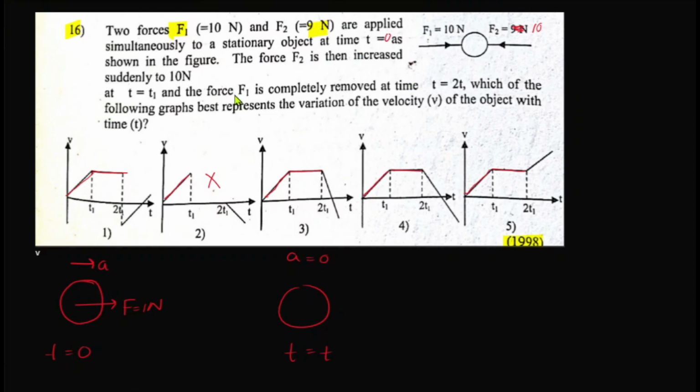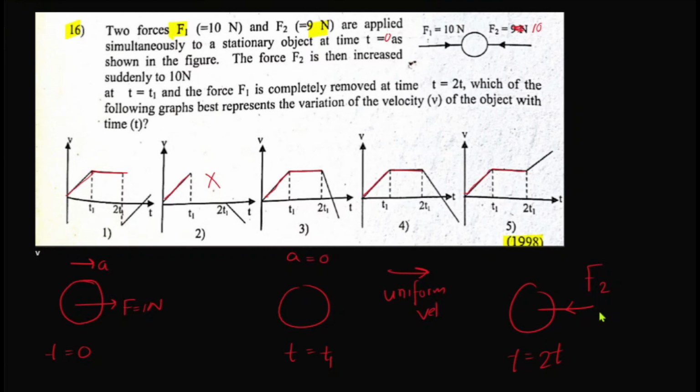Right, now they are saying the force F1 is completely removed at t equals 2t, which means now only the F2 force is there. The object was initially moving in this direction with uniform velocity.